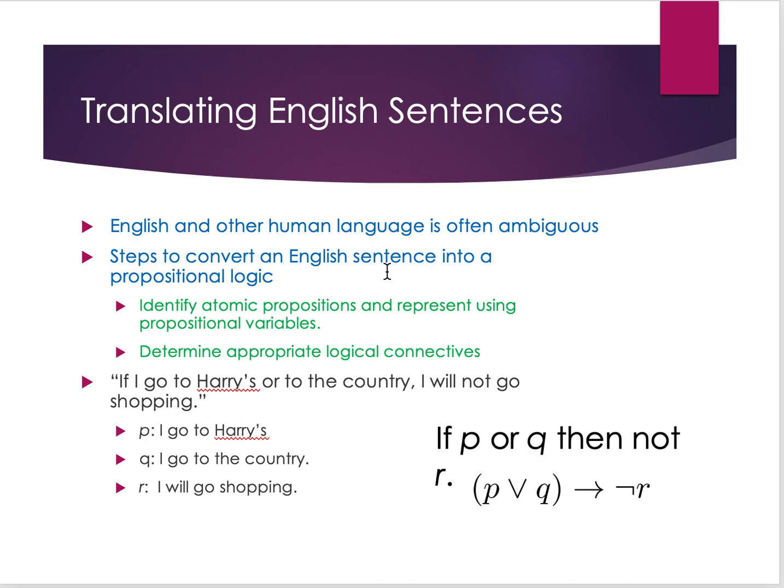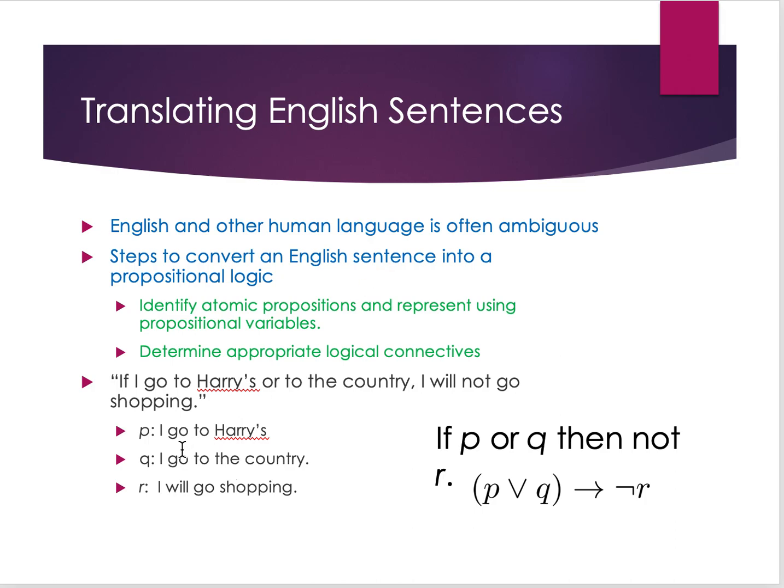Then the second step is you need to assign propositional variables. In this case, you may have three variables: first, I go to Harris; second, I go to another country; and the third one is I will not go shopping.